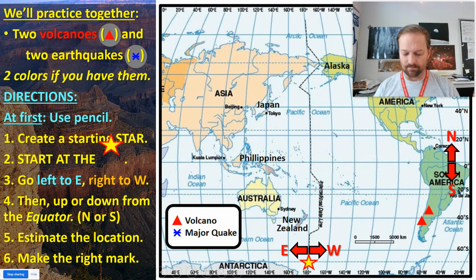Now let's do one more together. 70 west, 25 south. Okay. Starting at my star, I'm going to go across to 70 west. All right, there's 100, 90, 80, 70. It'll be halfway between 60 and 80. Cool.